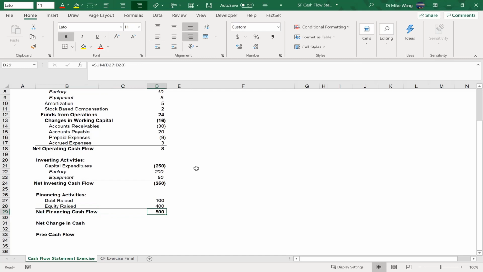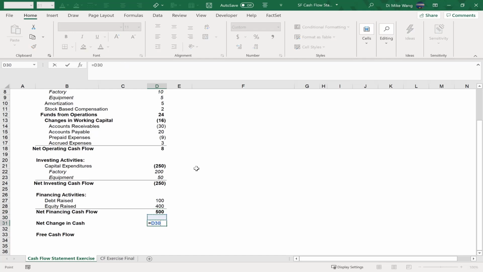So we actually attained $500 in cash during this period. Adding together cash from operating activities, cash from investing activities, and cash from financing activities, we get a net change in cash of $258 for this period.